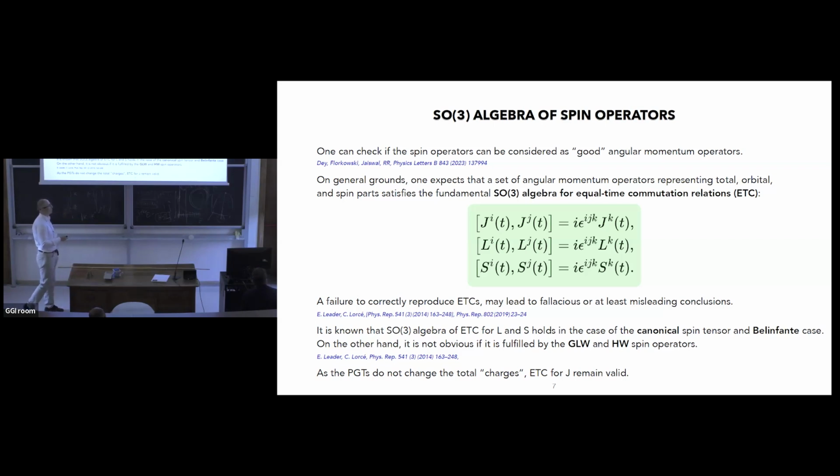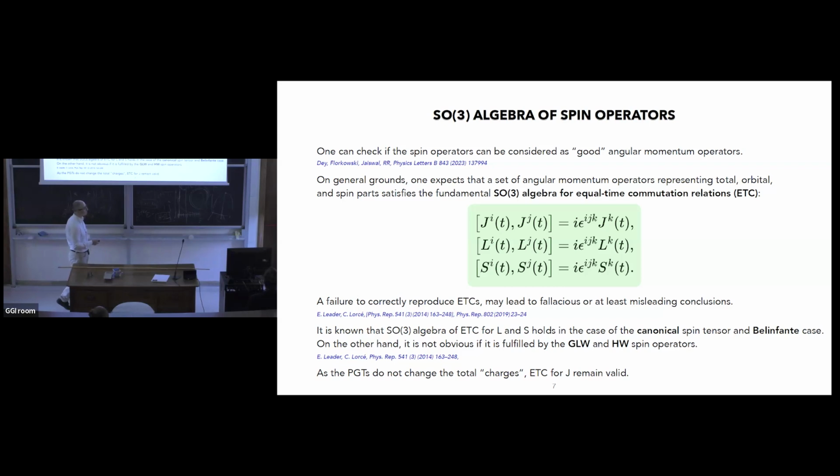You can do it actually for canonical spin, and trivially for Belinfante, it is known that these relations are satisfied, but it is not clear whether for GLW and HW those relations are satisfied.